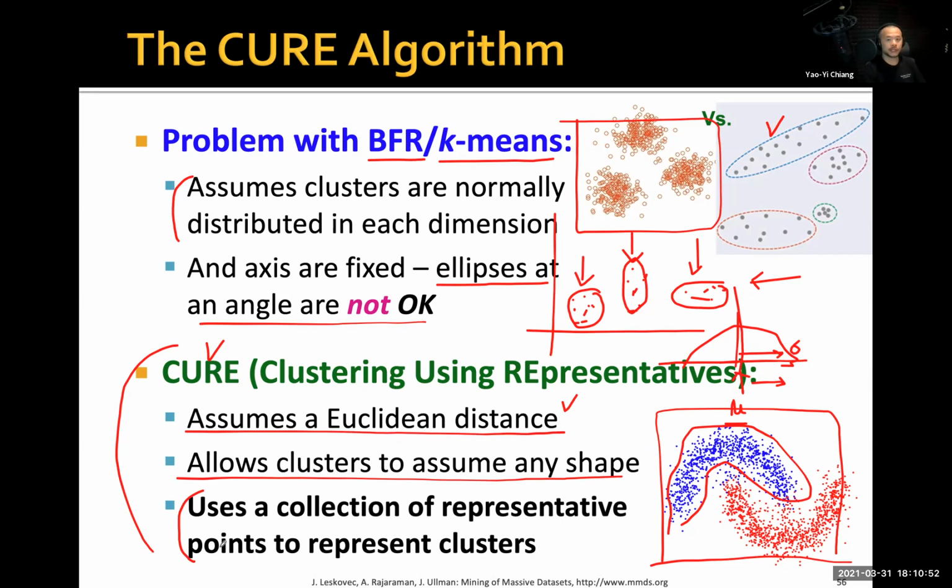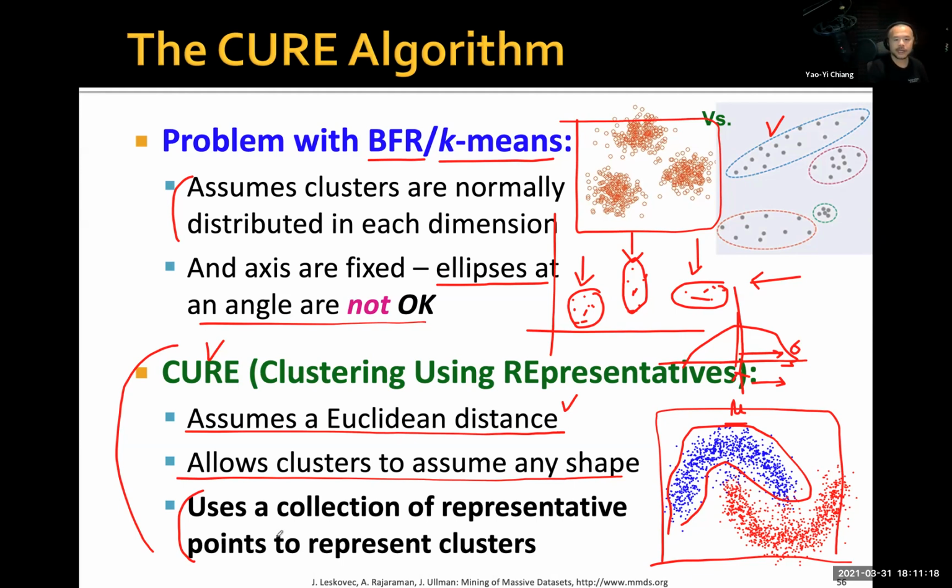In BFR, because of the normal distribution assumption, you can use sum, sum square, and n to help you summarize a cluster. But because CURE does not have those strong assumptions about the data set, all these vectors and that n number do not make any sense, right? Because we don't assume a normal distribution, you don't need them.